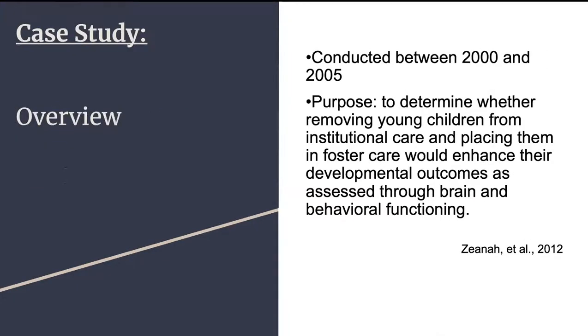The study took place between 2000 and 2005, and its whole purpose was to determine whether removing young children from institutional care and placing them in foster care would enhance their outcomes. They assessed that through brain and behavioral functioning.